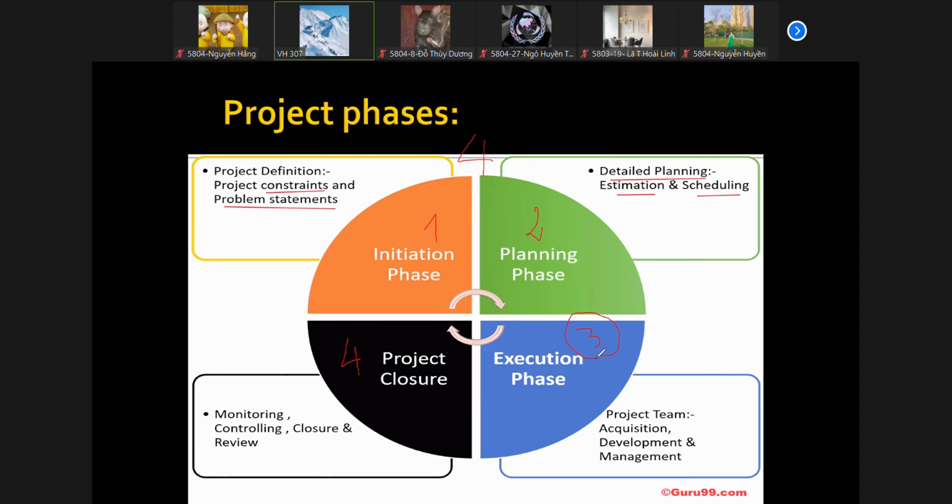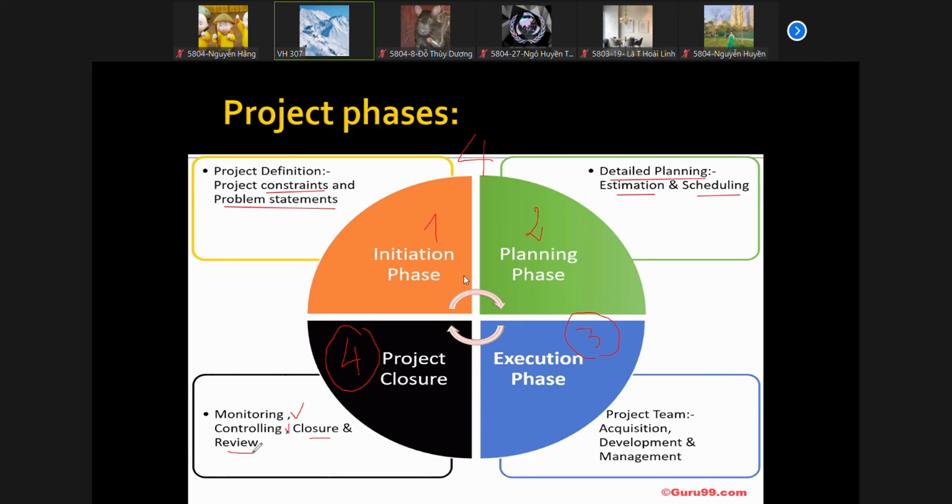And after the execution phase, we can come to the fourth phase, that is the project closure. Mình gọi là giai đoạn nghiệm thu. So in the project closure, we can see that monitoring, controlling, closure and review. Mình gọi là nghiệm thu và kiểm tra của dự án. Right.